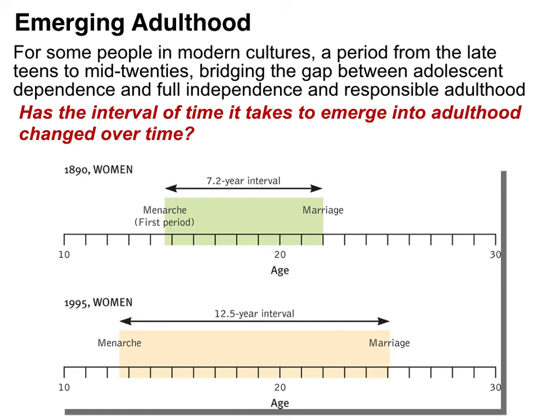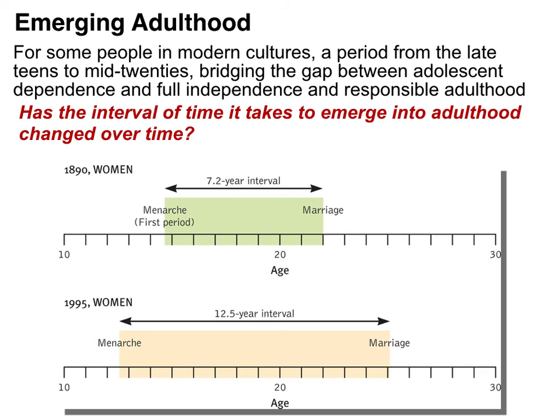This is a much longer window between physical adulthood, which happens with sexual maturity, and the taking on of adult roles. And again, we've seen this across our own culture, 1890 to 1995, so 100 years, the expanding of this.